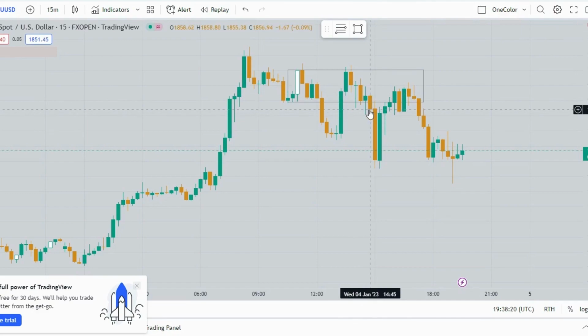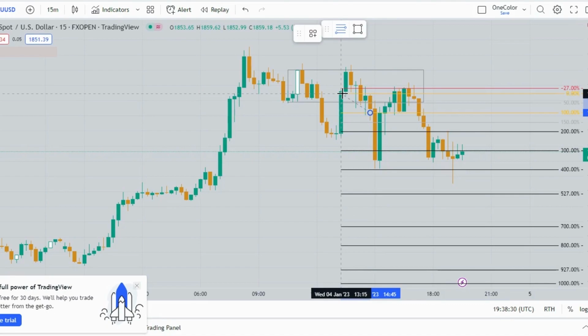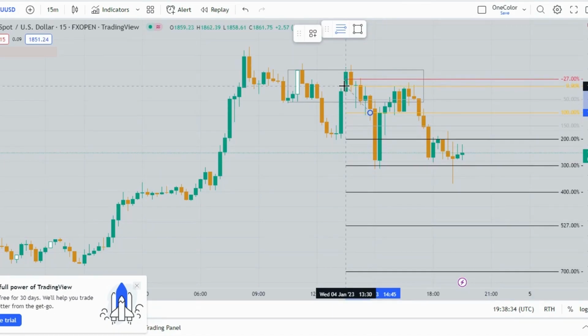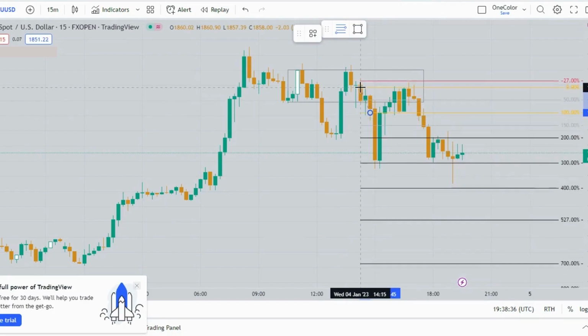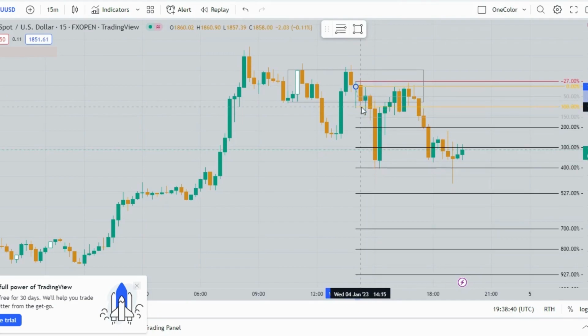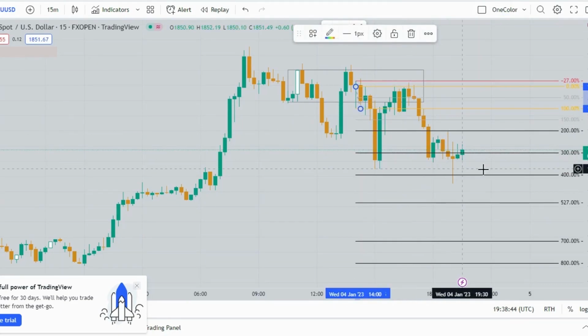So now, trying to go back down, I'm going to use this one. The candle before it, the candle that gave birth to it, is the one I use. Sweet. So that gave us a 300.